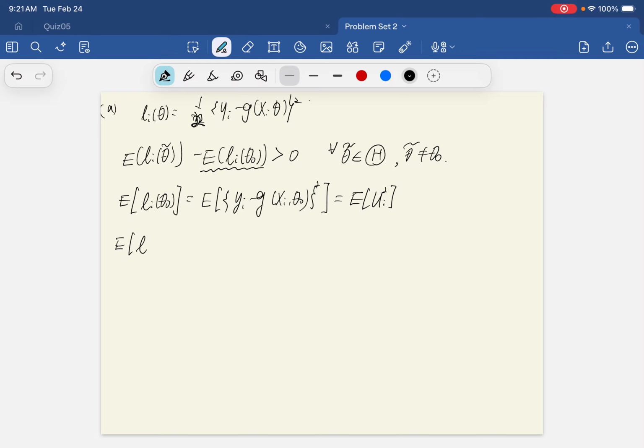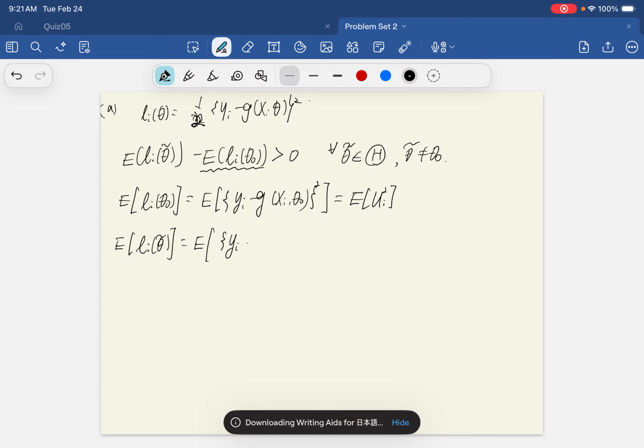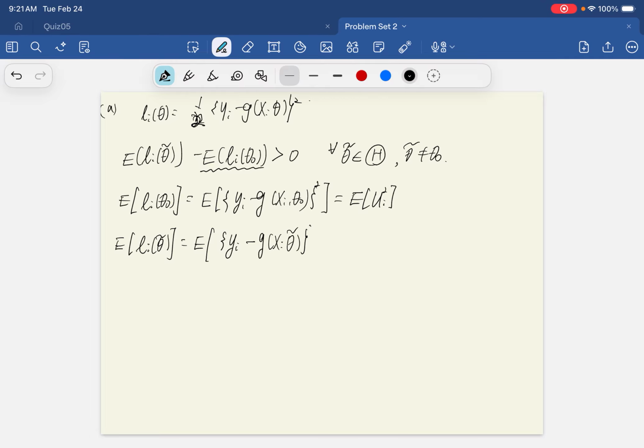And now Li(theta tilde) is this, but I'm going to split y into g(xi, theta 0) plus u instead of y minus g(x, theta tilde) squared.